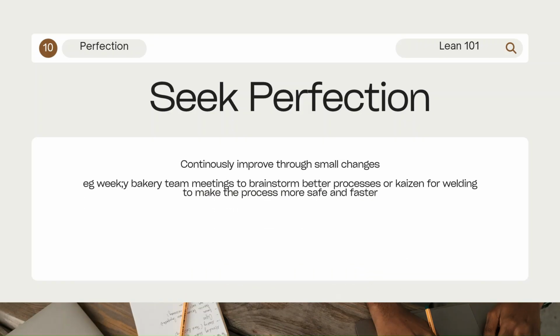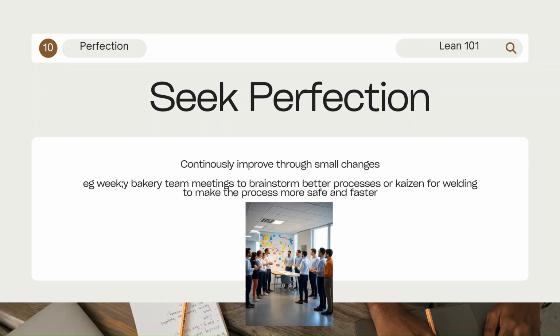For example, weekly bakery team meetings to brainstorm better processes, or Kaizen for welding to make the process safer and faster. So these are two different approaches. One is for a bakery and the other is for a welding process. And the meetings happen like this, where brainstorming happens and something good is the outcome to achieve perfection.